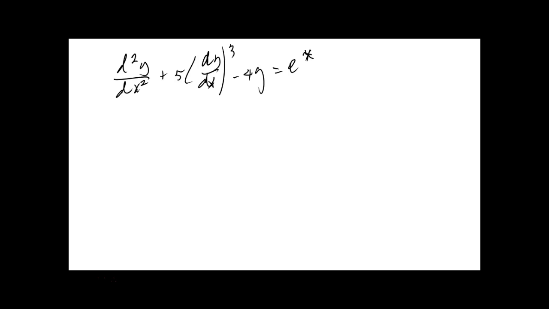This one would not be linear because either the y or a derivative of y is raised to a power greater than 1. So this would be nonlinear. But it's a second order nonlinear differential equation because this is still a first derivative. So that's first order. And this is zeroth order.